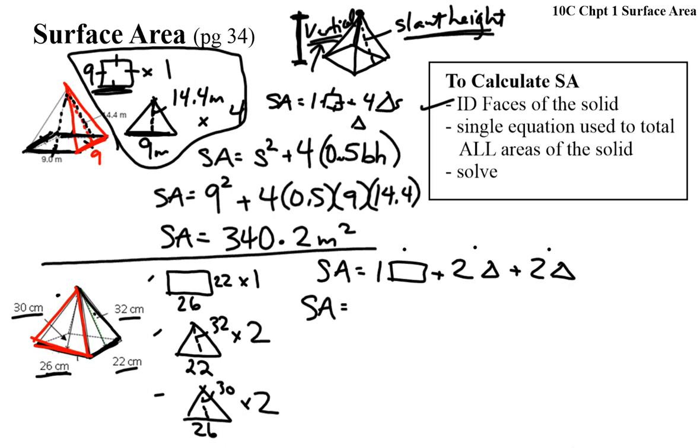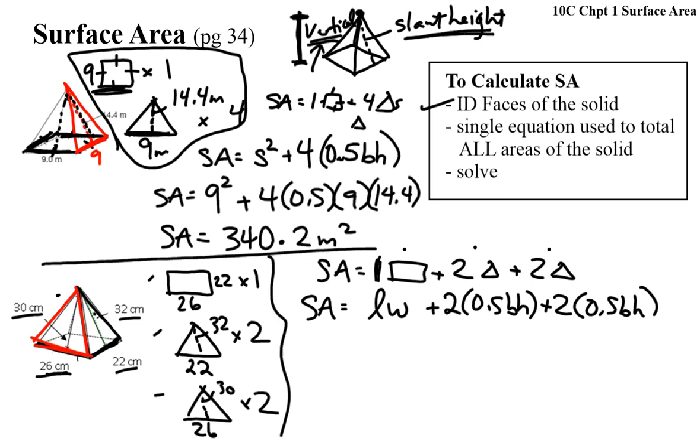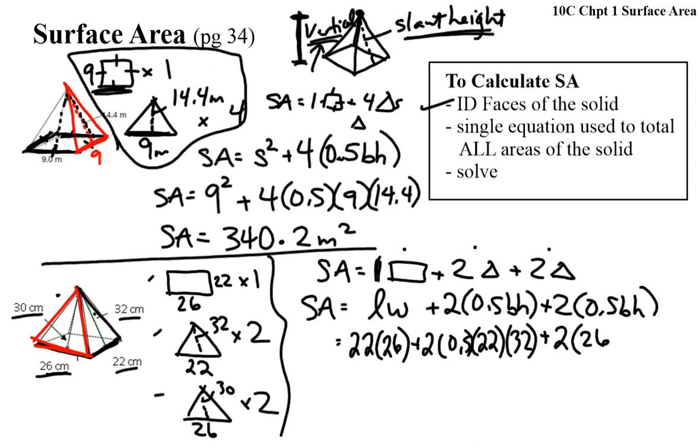So when I substitute in a formula, I have an LW rectangle, only one of them, so I don't need a number out front, and 2 triangles, along with 2 different triangles, so I need that equation twice. And my nice organization, substitute in, I have a 22 by 26 rectangle, and I have a base height 22 by 32 triangle, and then my last triangle is a 26, whoops, I forgot my 1/2 there, 2 times 1/2 times a 26 by 30 triangle.